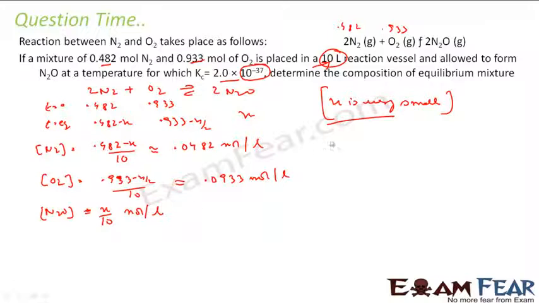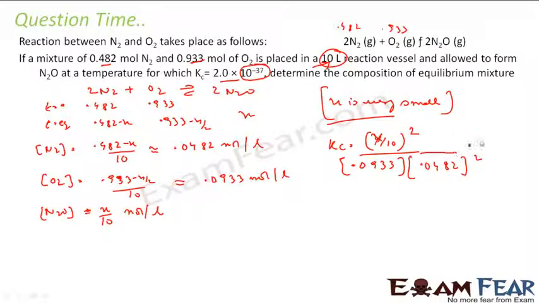So with this, if you find Kc, it will be concentration of N2O to the power 2, that is x by 10 to the power 2, divided by concentration of O2, that is 0.0933 mole per liter, and then concentration of N2 to the power 2, that is 0.0482 to the power 2.